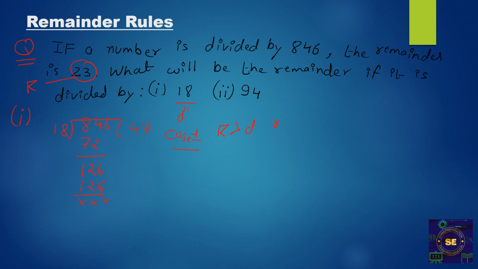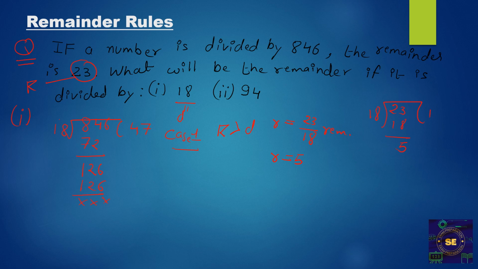So the remainder will be the remainder of 23 divided by 18, which is 5. So the smaller remainder will be 5.